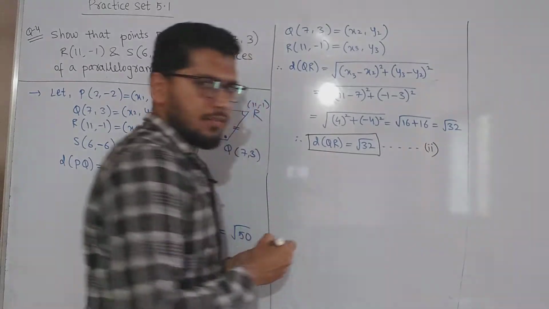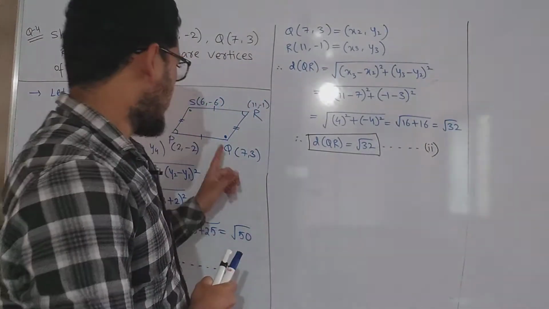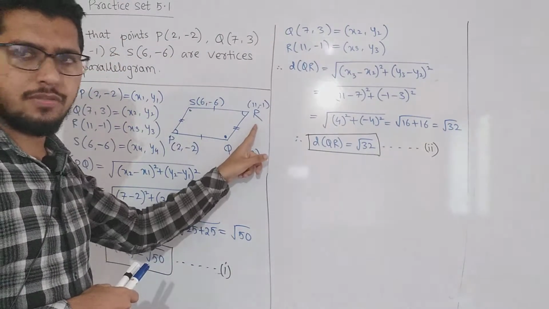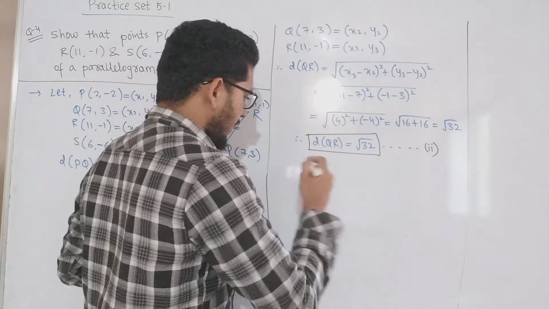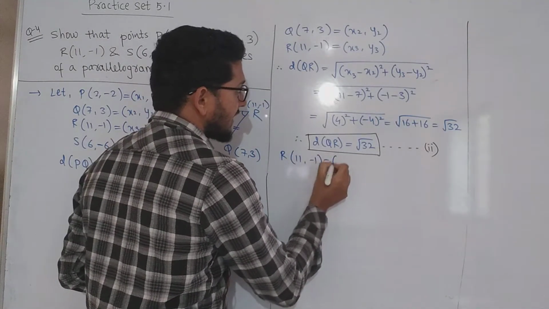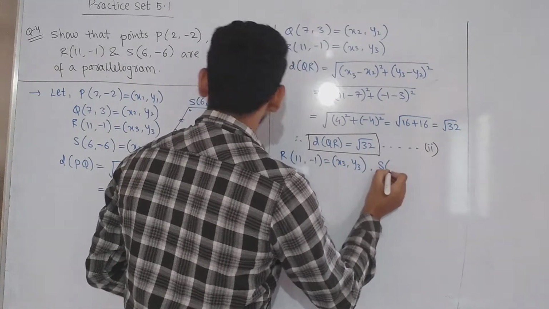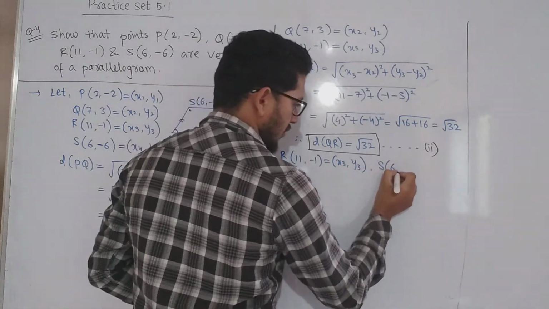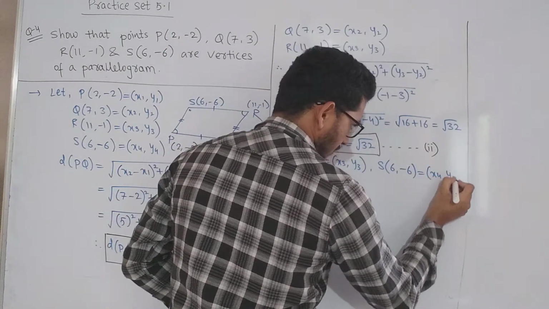Okay, as we have got distance of QR, then we have to find the distance of PQ हो गया, QR हो गया. Now we have to find RS. ठीक है, so we'll have to find distance of RS. So first we'll write the coordinate R (11, -1), that is x3, y3, and S (6, -6), that is x4, y4.